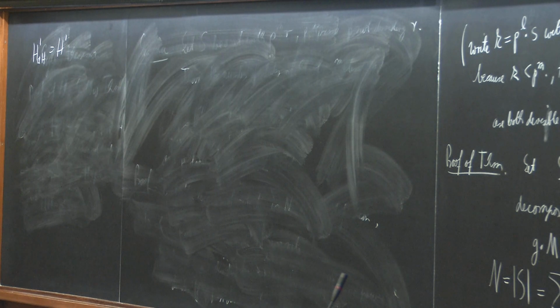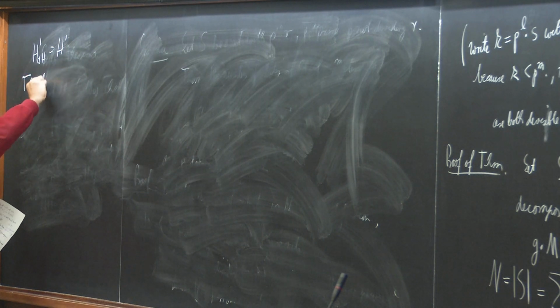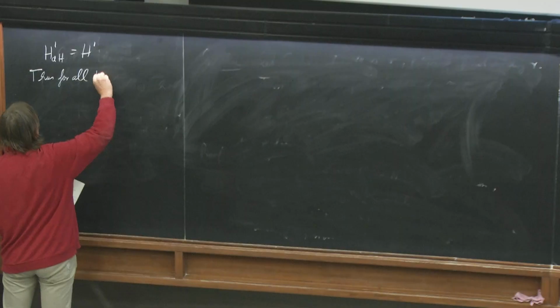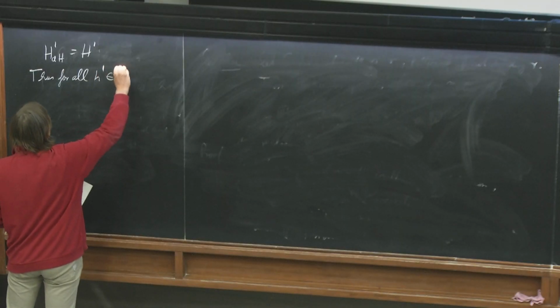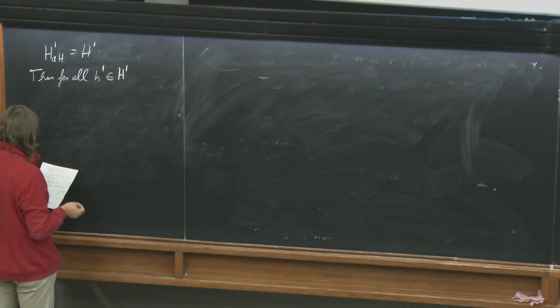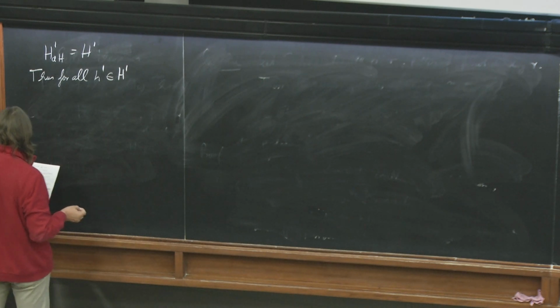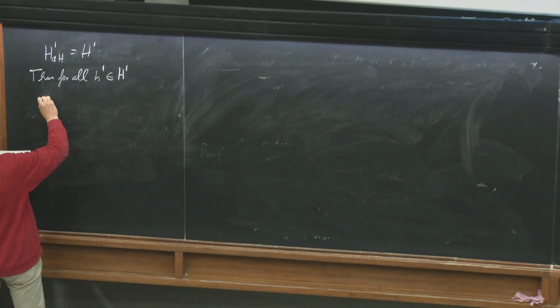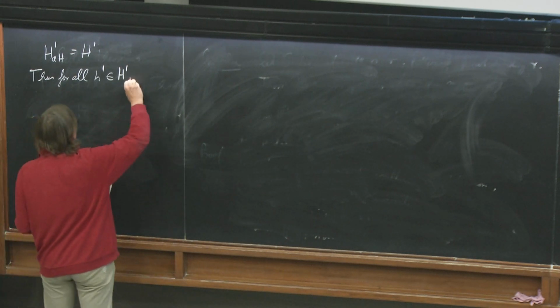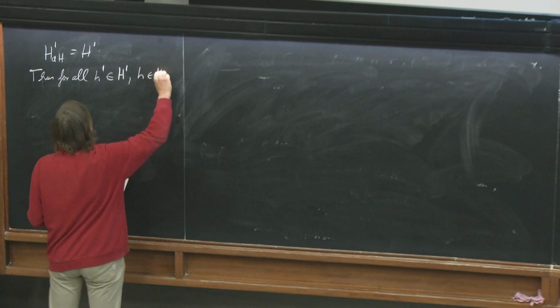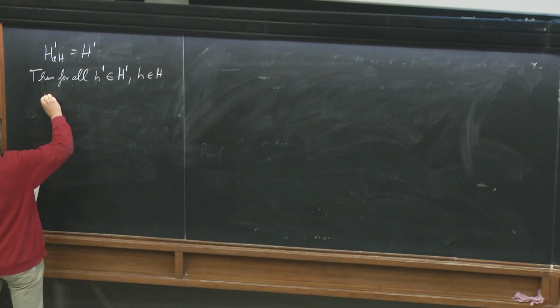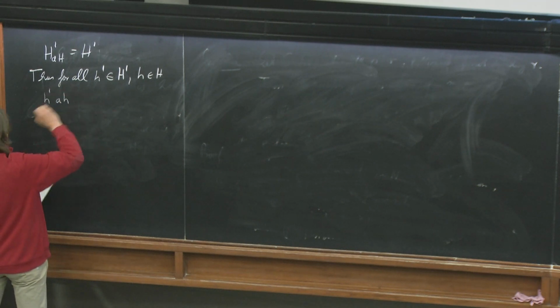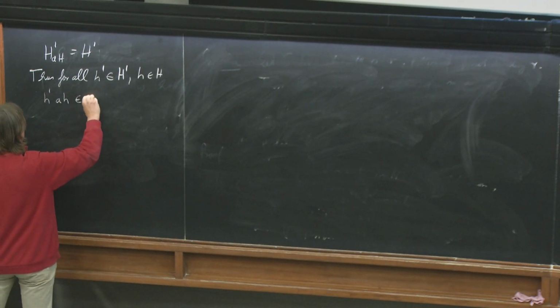So that means thus, for all H prime in H prime, and say all H in H, we have that H prime a H is an element of a H.